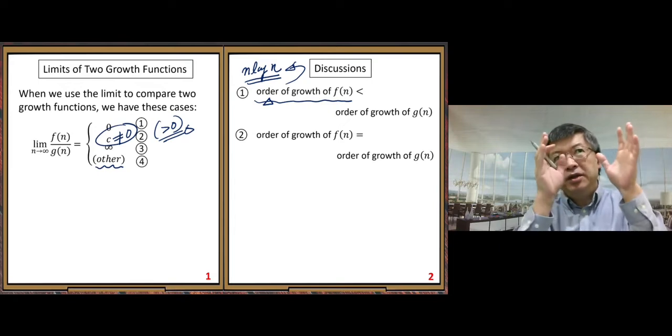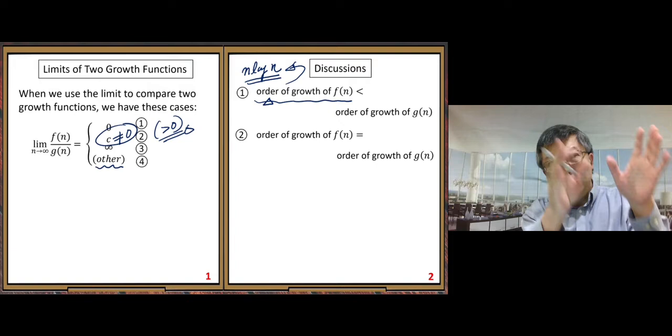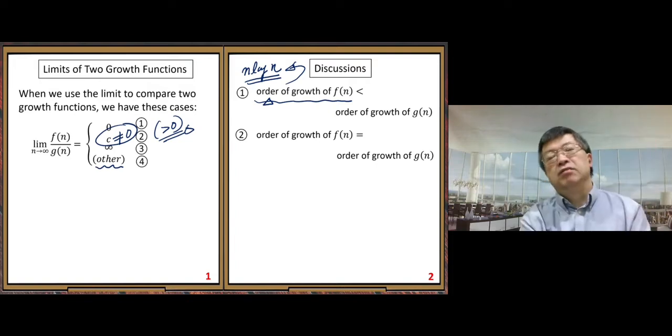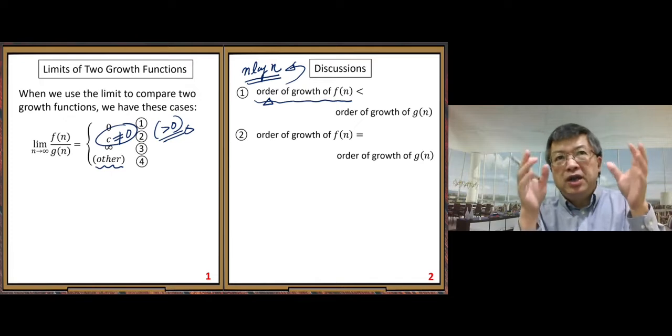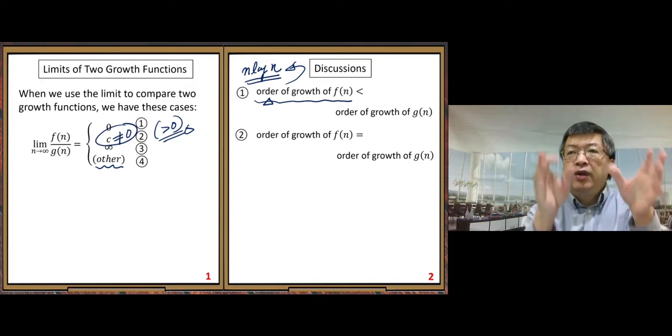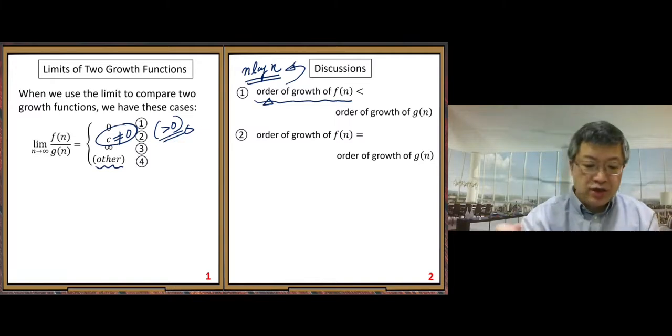A non-zero positive constant, if you multiply a function by it or not, does not change the order of growth of that function. So that's case 2.